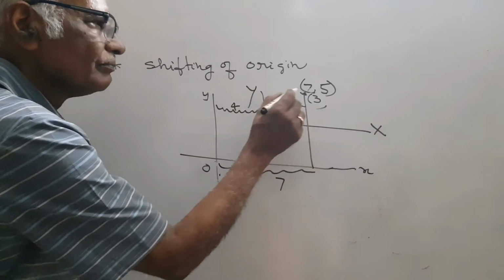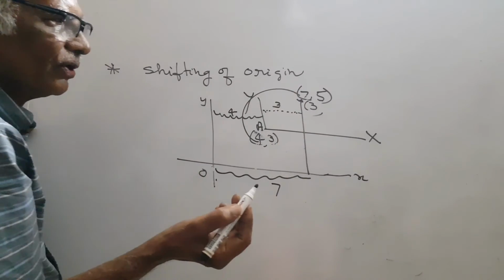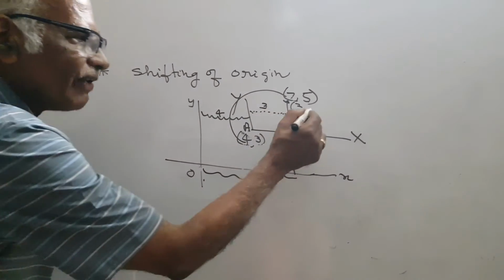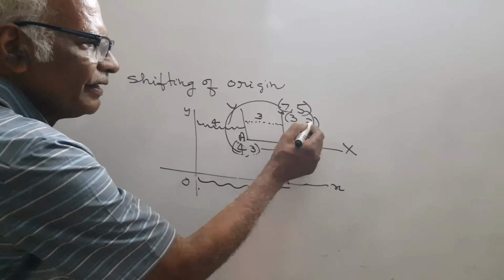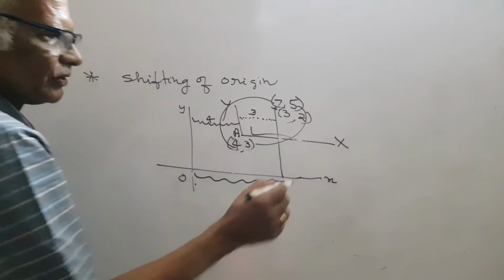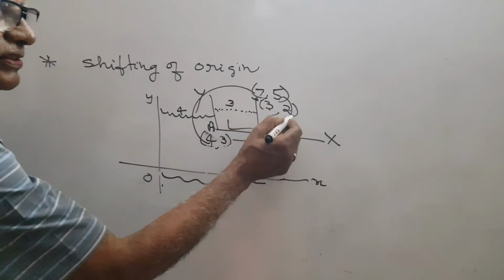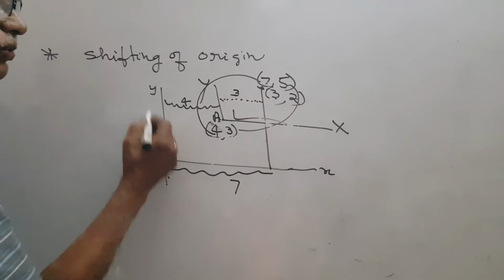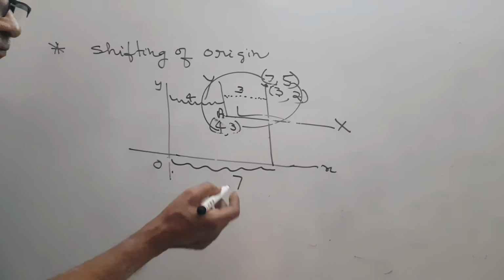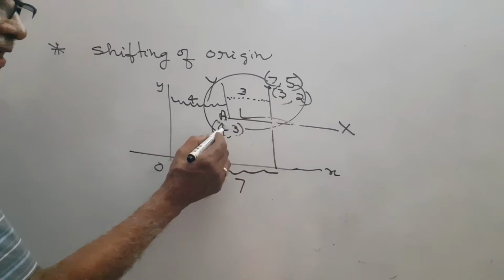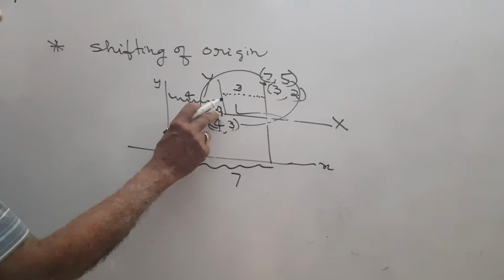How does it come? 7 take away 4 is 3. So 5 take away 3 will be 2. So this will be the new point. With respect to AX, AY, this point is (3, 2). With respect to OX, OY, that point is (7, 5). So when we shift, we have to reduce the x coordinate by the x coordinate, and the y coordinate by the y coordinate of the new origin.